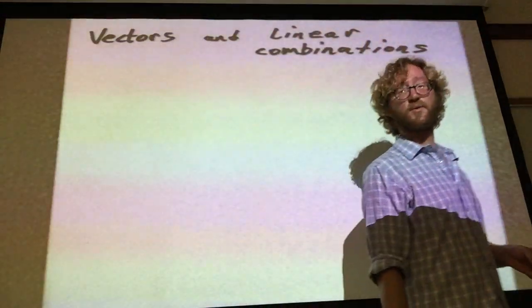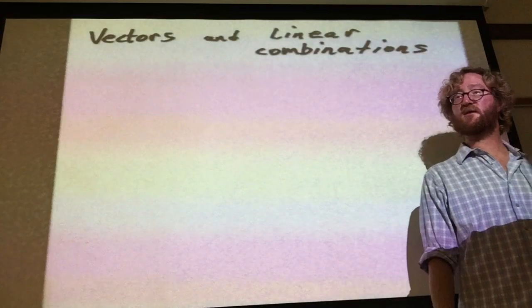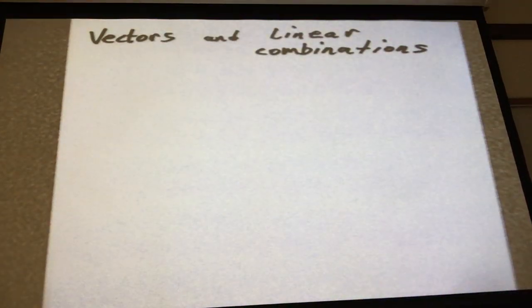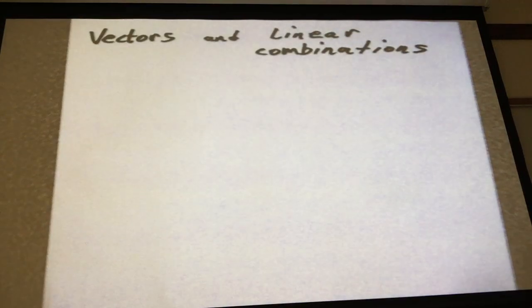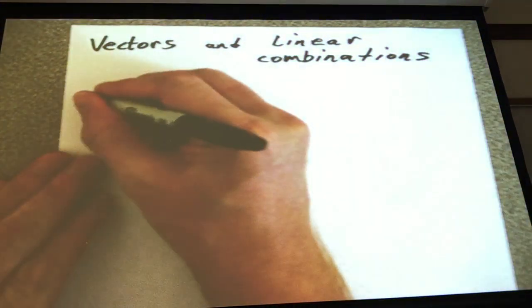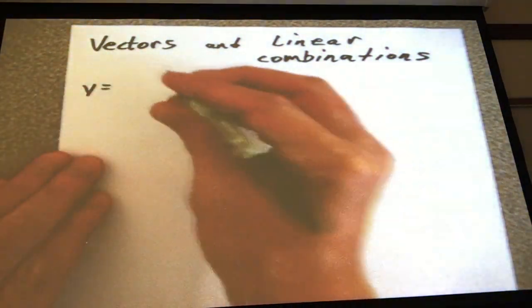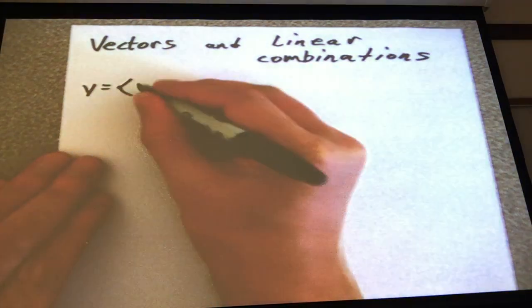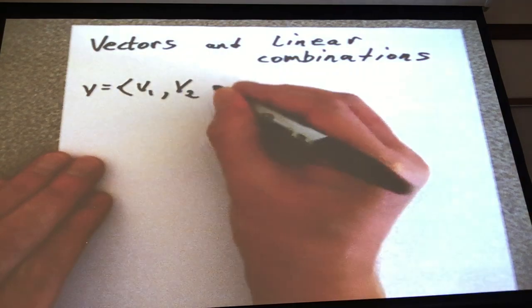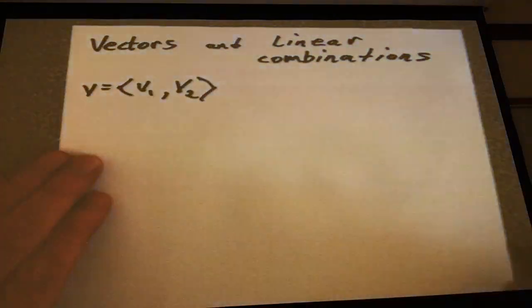Okay, so what we're going to go over today is vectors and linear combinations. So let's start off with a couple ways that vectors can be written. Some of y'all will be used to the normal format of V, which is going to equal (V1, V2), like that.